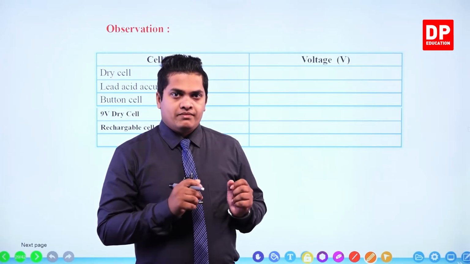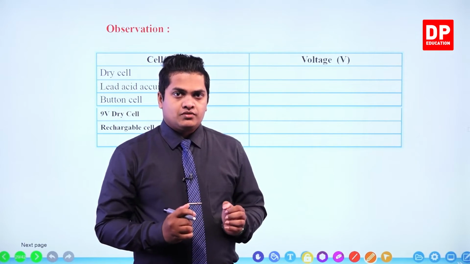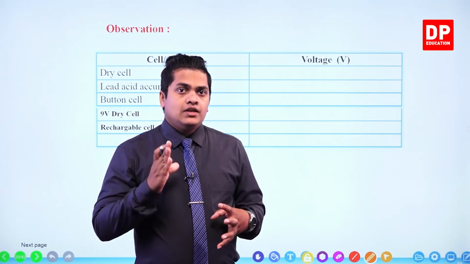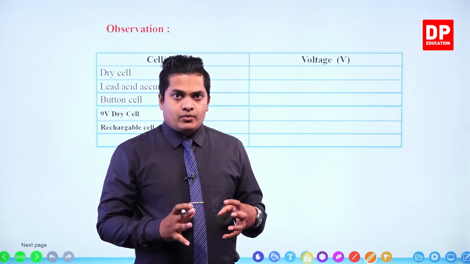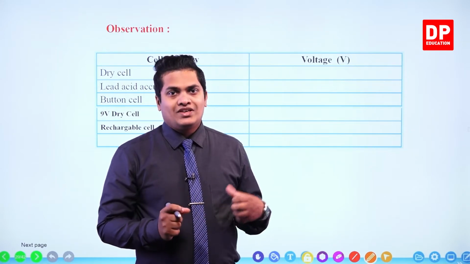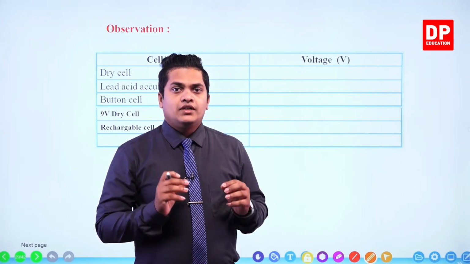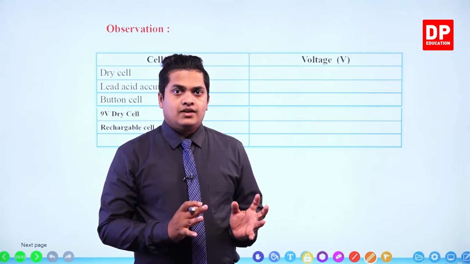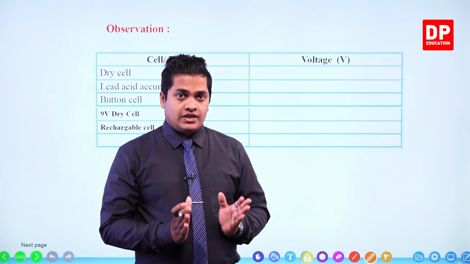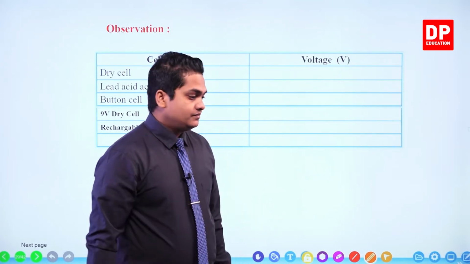So we'll mention those voltages, and I'll write down the most accurate or closest one. Usually these are the ones which are printed on each of these dry cells or batteries, right?